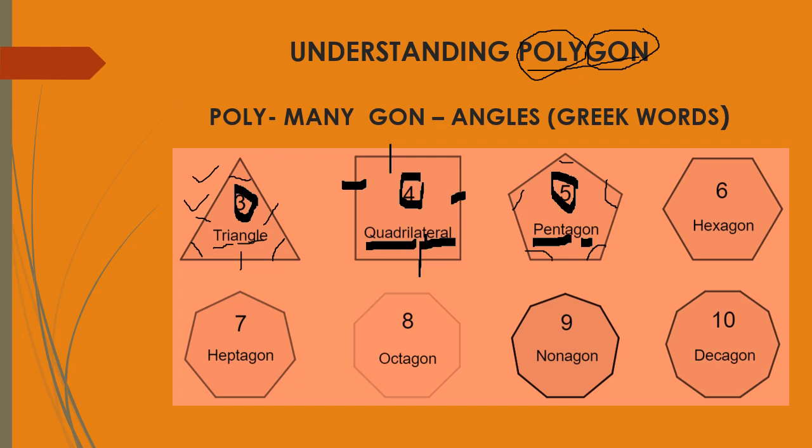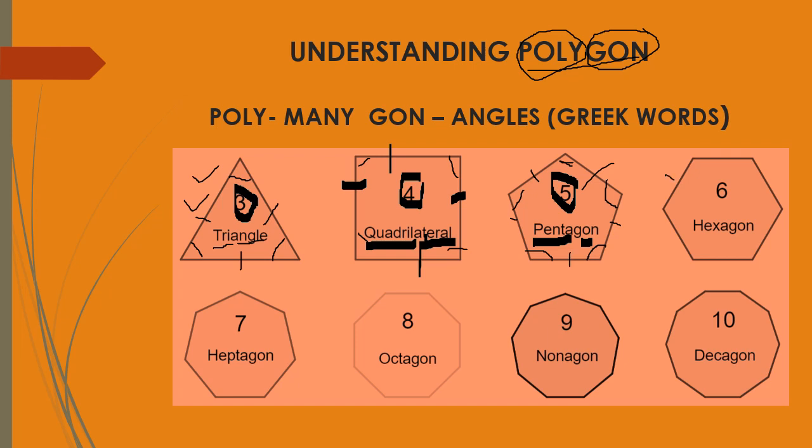You should also take care of one point: the number of angles is equal to the number of sides. In this figure, there are 4 sides and 4 angles, 1, 2, 3, 4. In the same way, look at this pentagon also. It has 1, 2, 3, 4, 5 angles and 1, 2, 3, 4 and 5 sides.